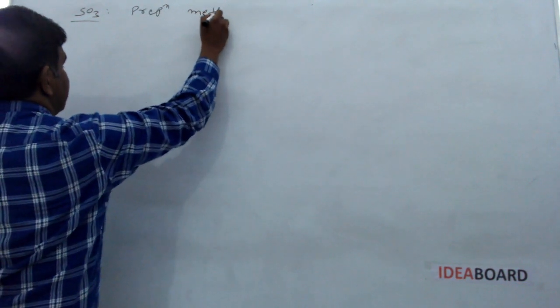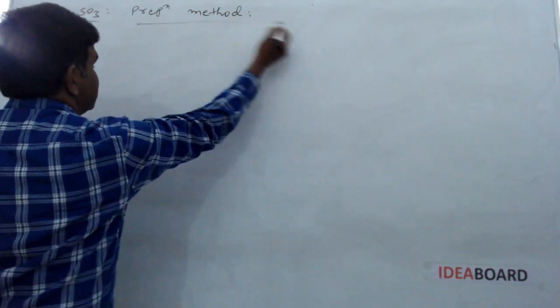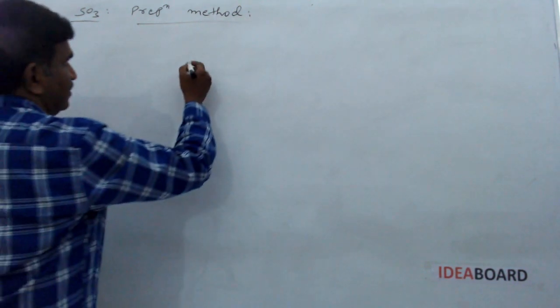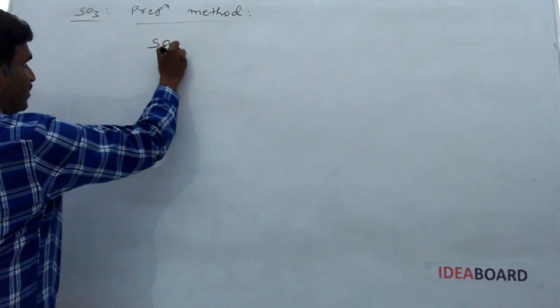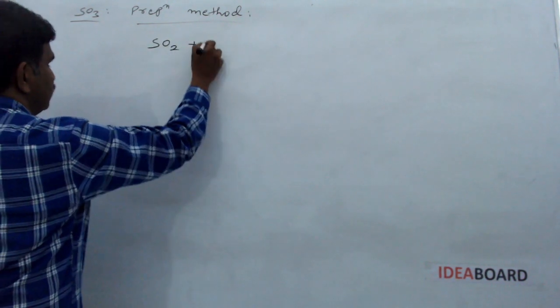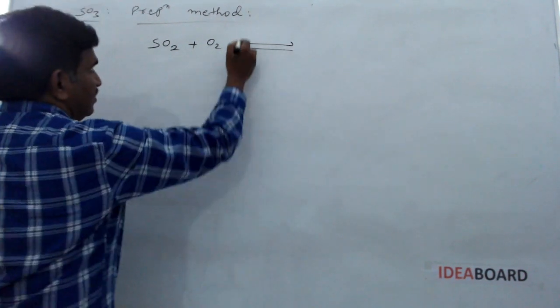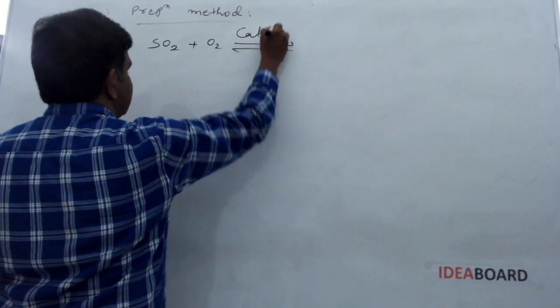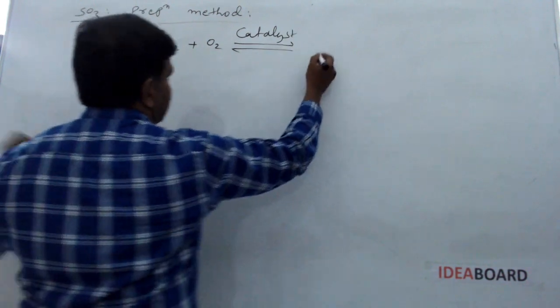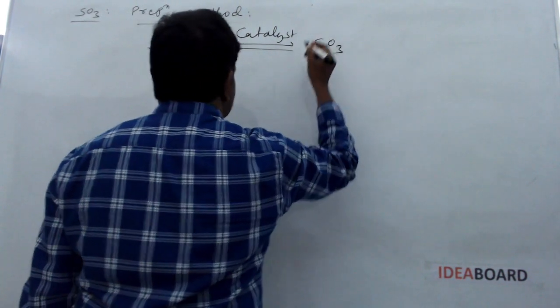In the preparation method of sulfur trioxide, how can we prepare sulfur trioxide? SO2 reacts with oxygen in the presence of a catalyst to give SO3.